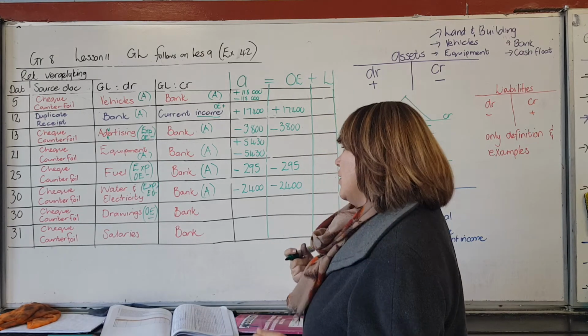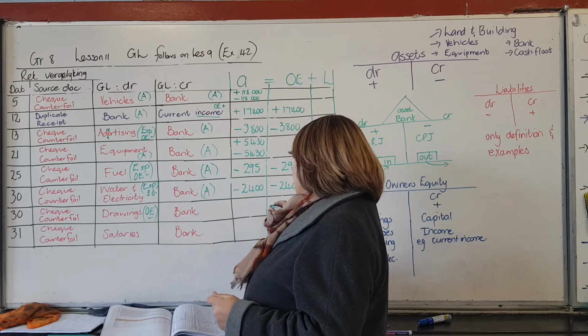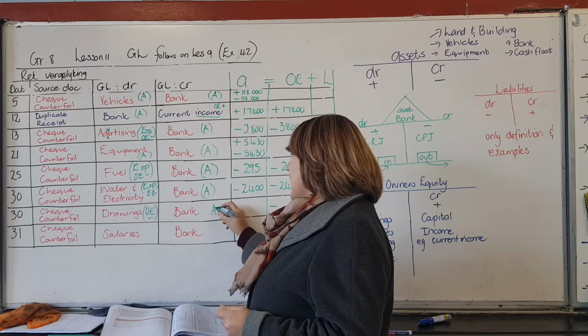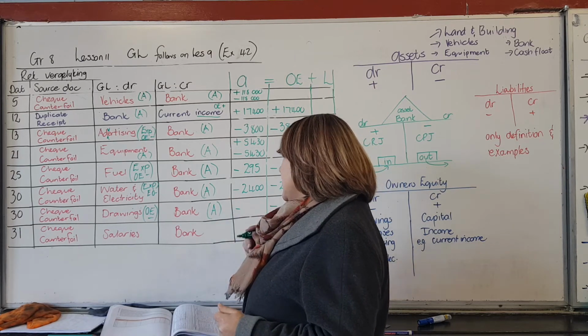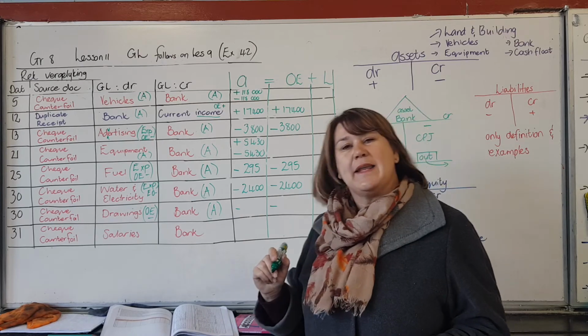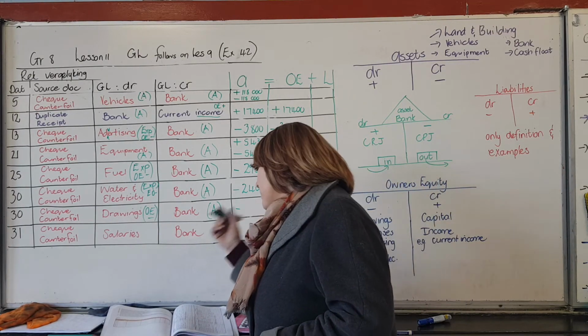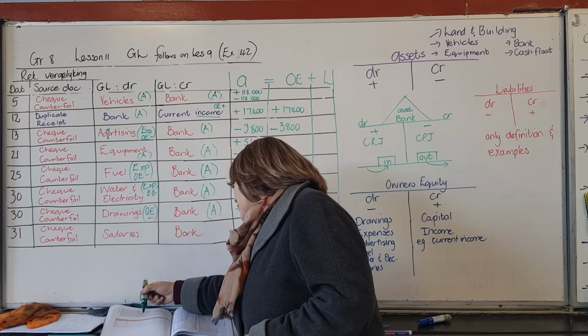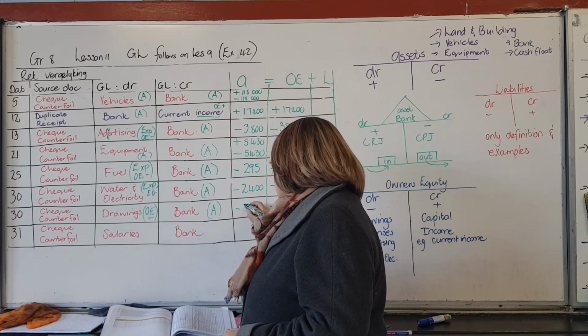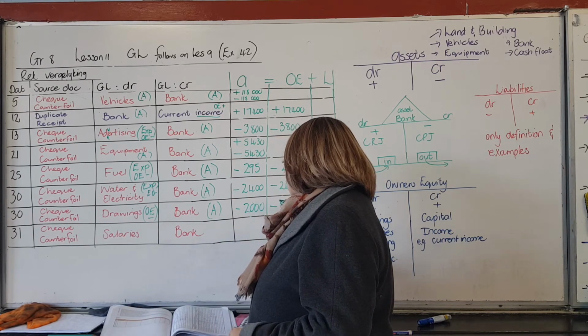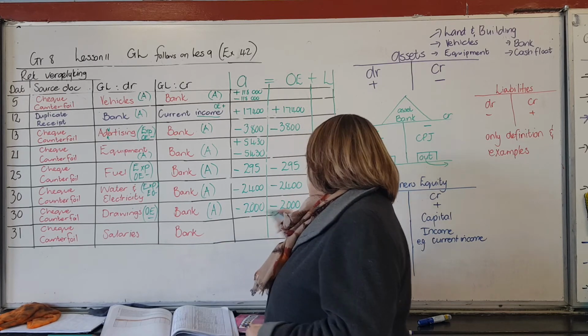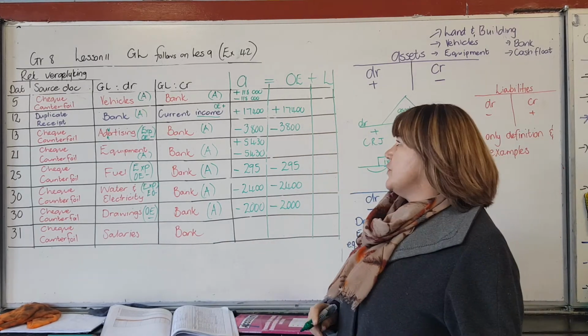So it decreases your owner's equity, and bank is an asset. Your bank is going to decrease because the owner took money out of the bank account. Your bank account decreases with an amount of 2,000. And your owner's equity decreases with 2,000.